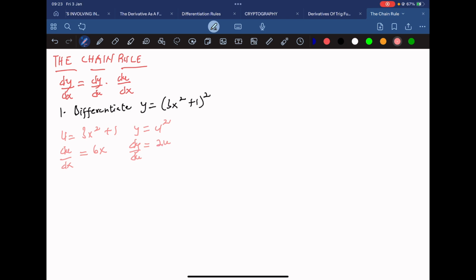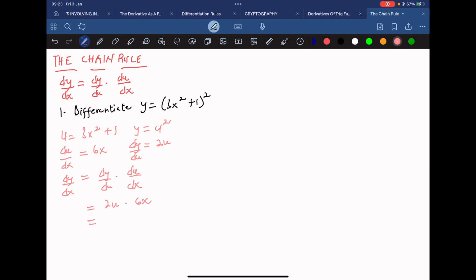Now using the chain rule we wrote over there, we know that dy/dx is dy/du multiplying du/dx. So in this case, what is dy/du? dy/du, we had 2u, and the du/dx was 6x.